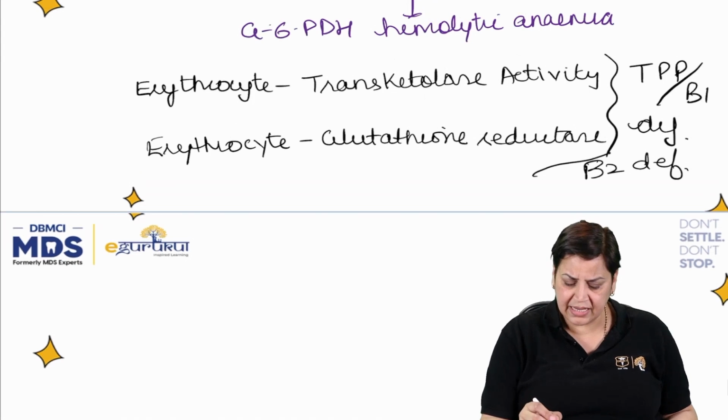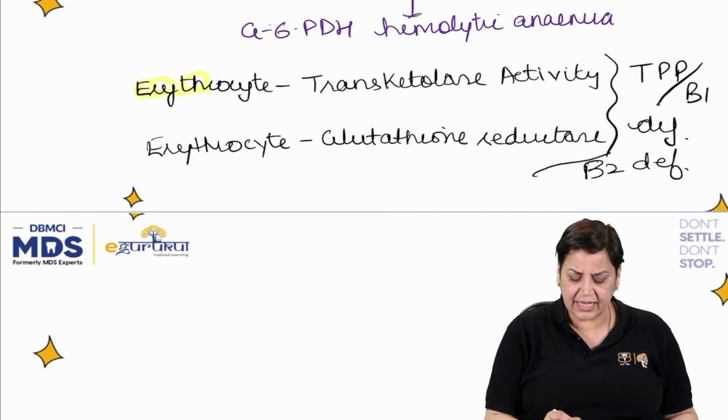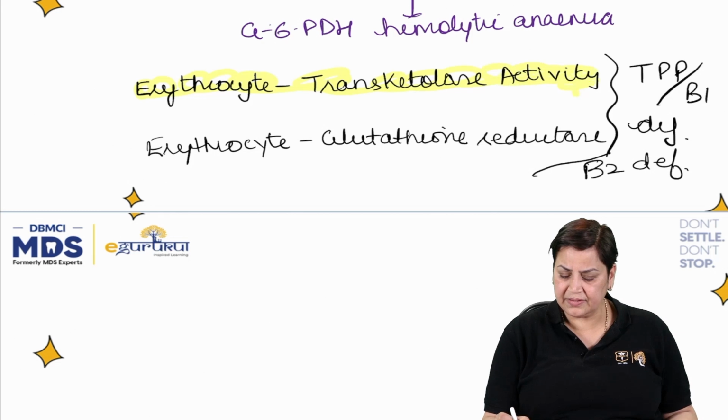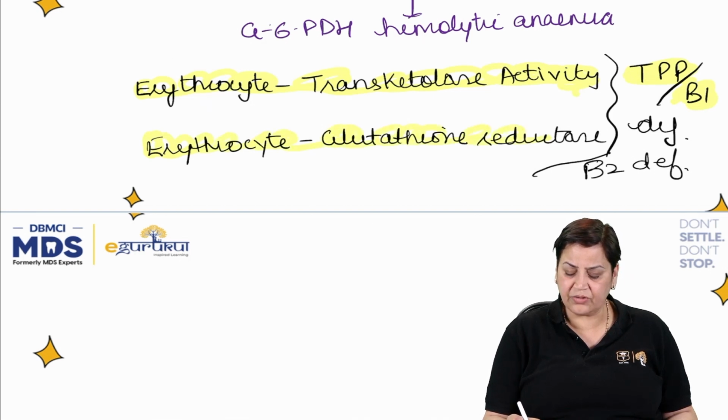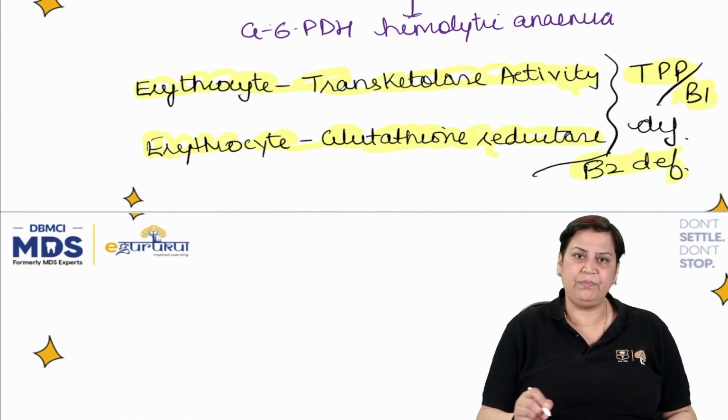I'll just highlight it. Erythrocyte transketolase activity will reflect the concentration or activity of TPP, and erythrocyte glutathione reductase will affect the activity of B2.